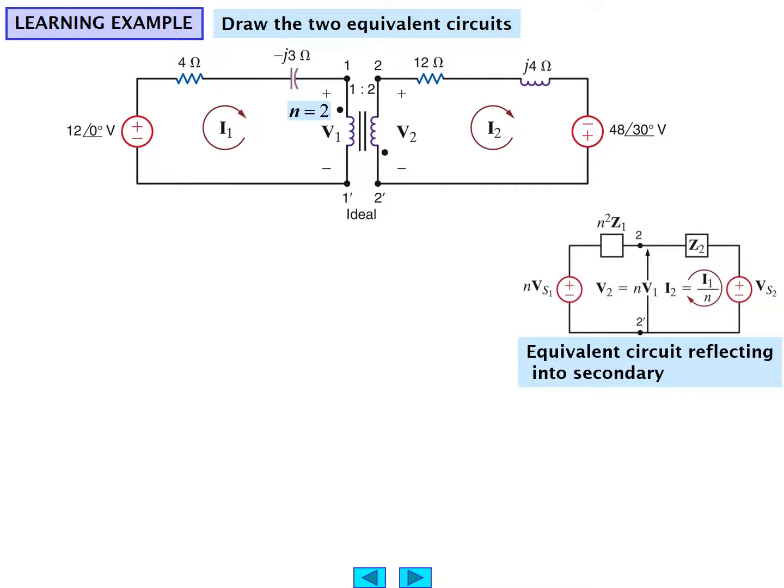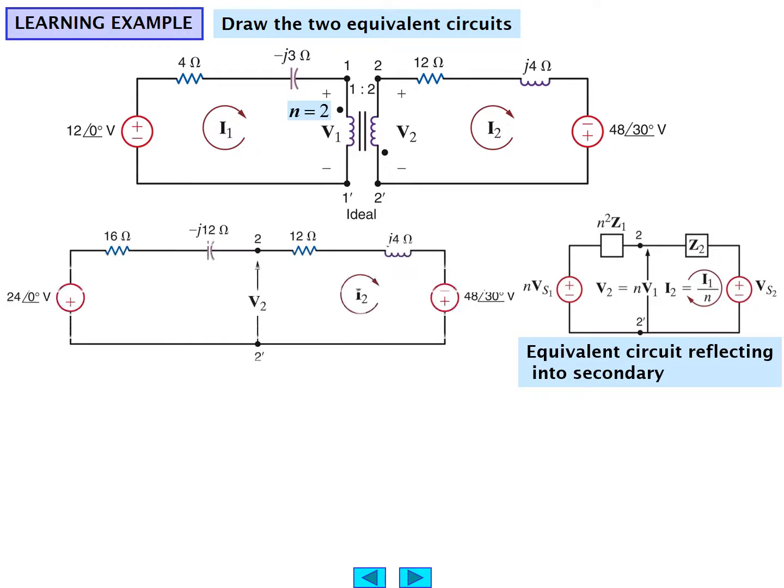We can take an equivalent circuit reflecting into the secondary. This particular circuit is drawn this way. You should put in your notes, especially for quizzes, because it's already a solution that we can use to solve problems. So we'll reflect the circuit into the secondary, and we'll follow these particular rules in doing that. And we get this particular result.